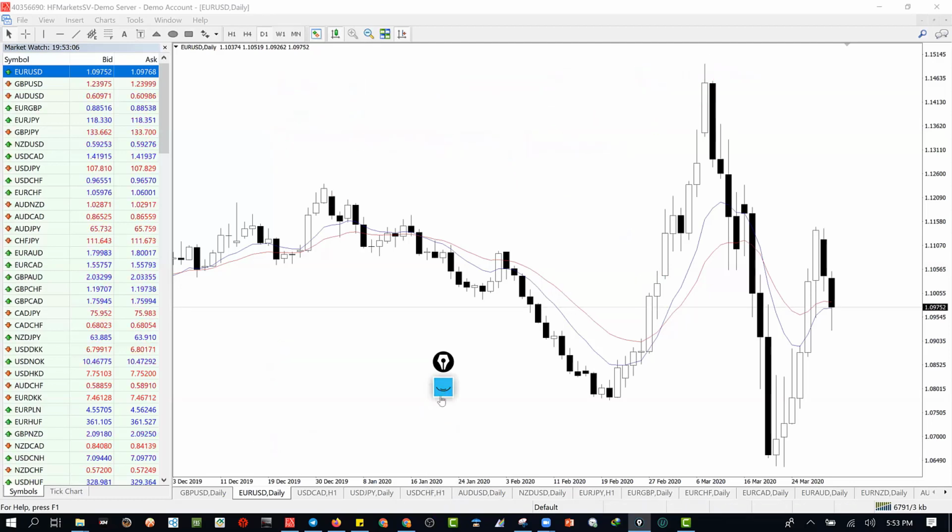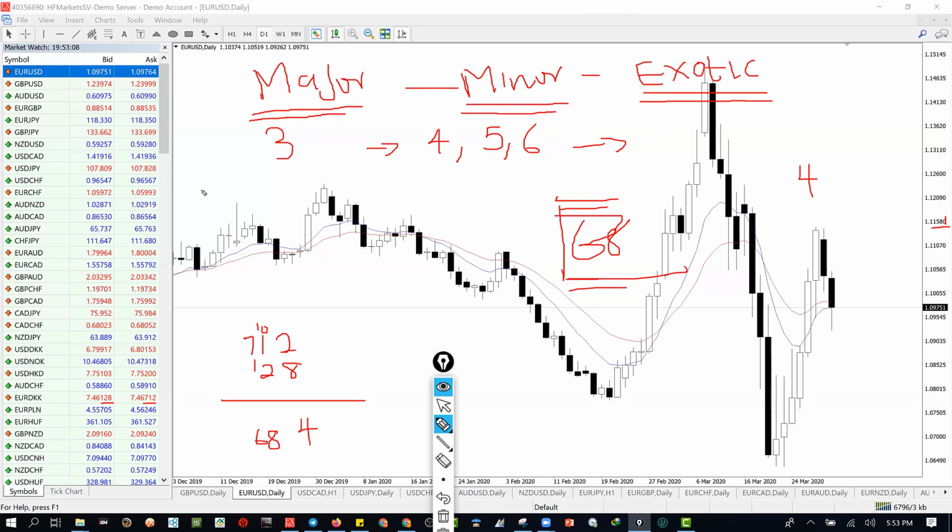If, let's say for example, I execute a trade on the Euro USD, I am being charged maybe $3. Maybe I execute a trade on the GBP yen, I'm being charged maybe $7.